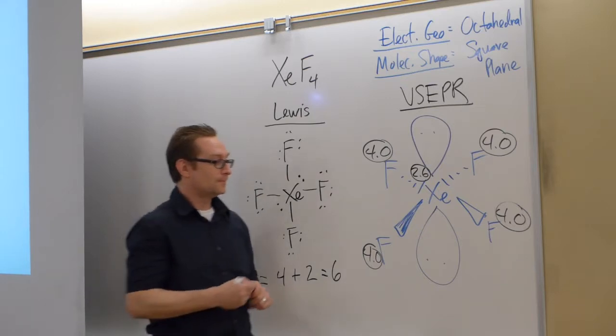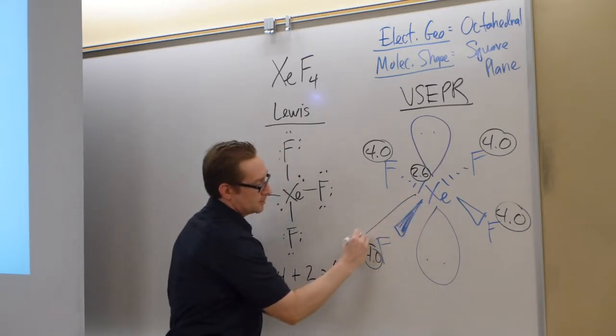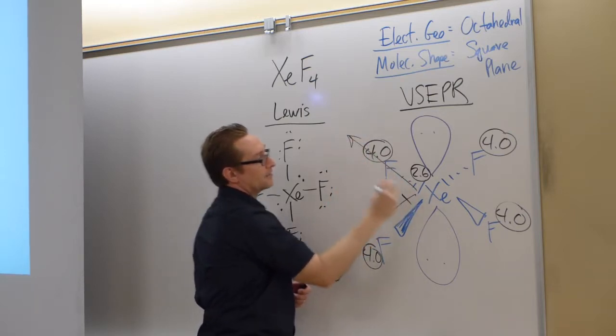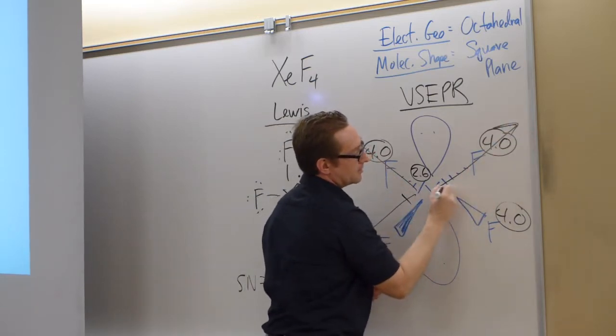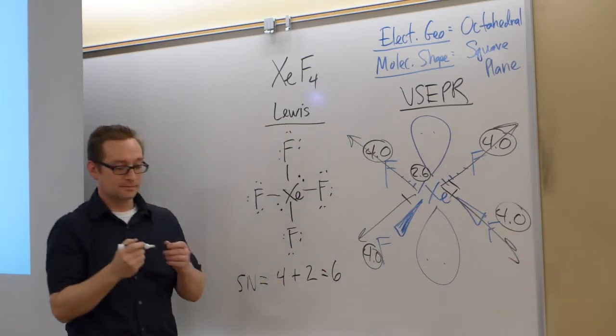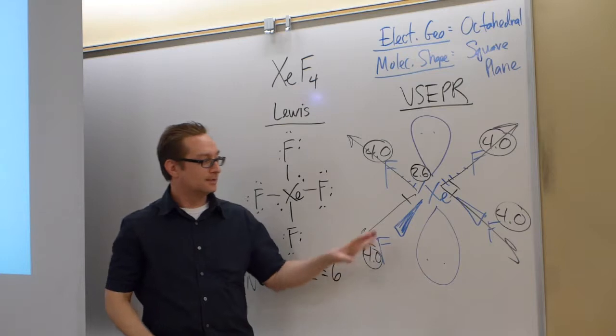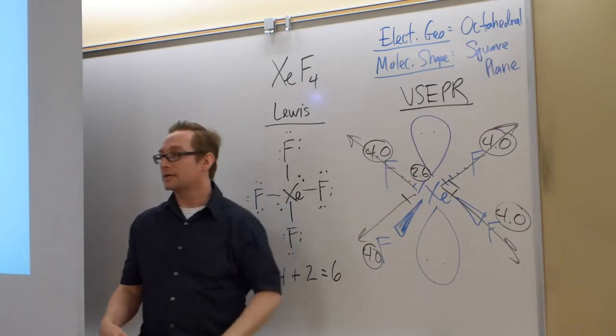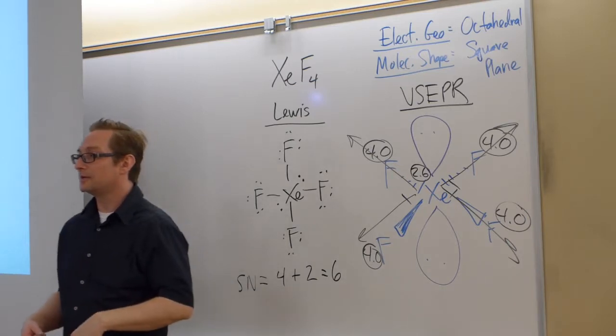Sure, you have a bond dipole this way, but you also have one going that way, and that way, and this way. So collectively, I cannot put a big arrow on this molecule in any net direction. So we have no polarity here.